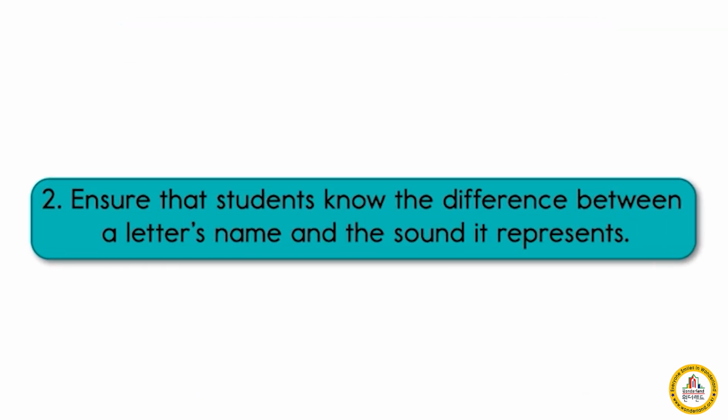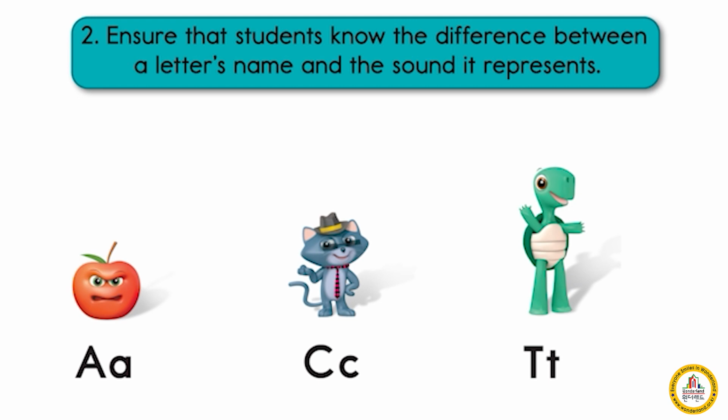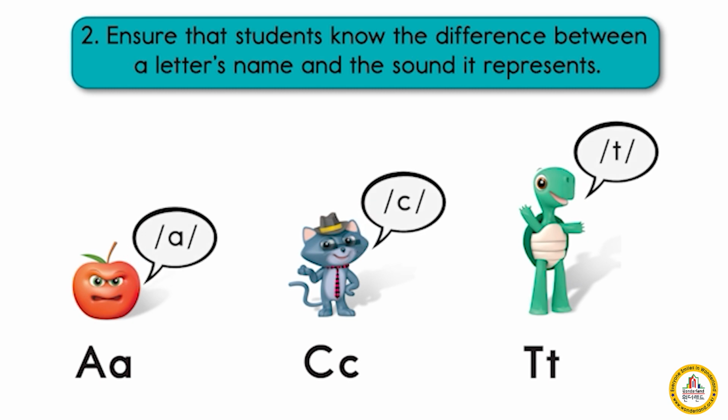Ensure that students know the difference between a letter's name and the sound it represents. You can do this by telling them a story about how the letters of the alphabet are like us, in that they each have a name and they can speak.